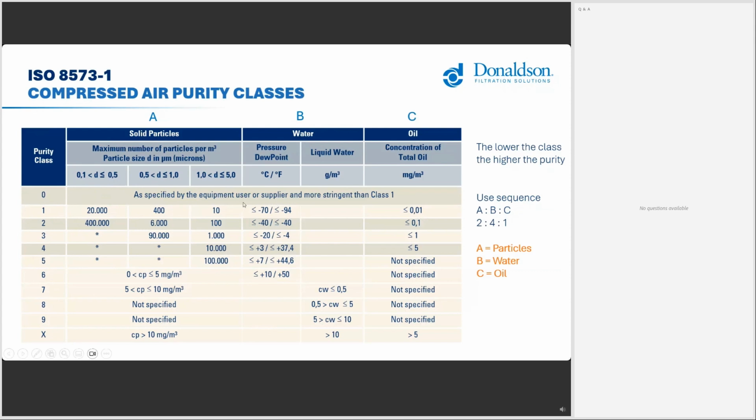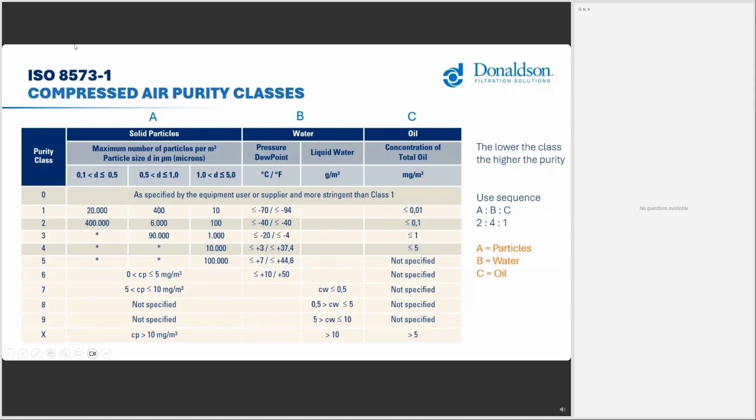Okay, and for oil, this is defined in total oil. That means this is the combination of liquid oil, so aerosols, and oil vapor. And this is really important because sometimes the oil vapor content might be higher than the liquid oil content.